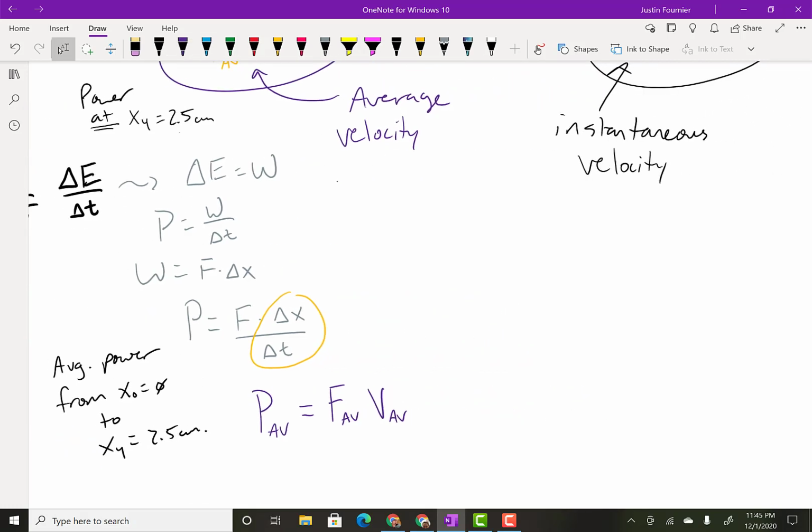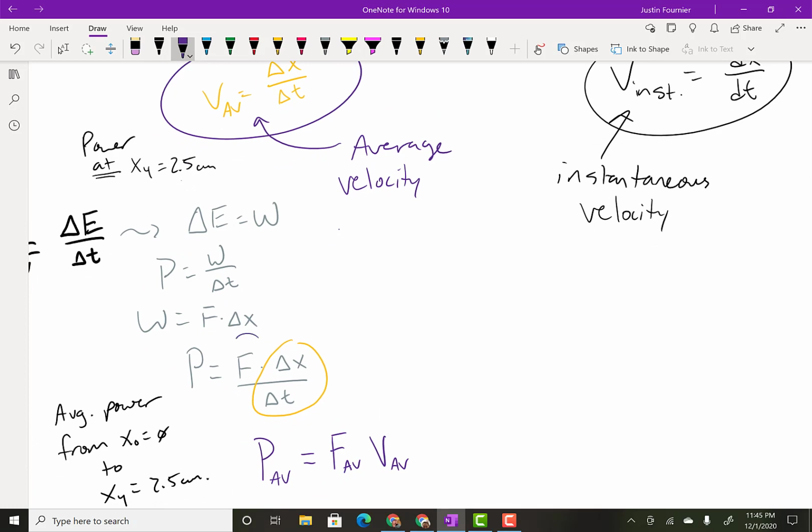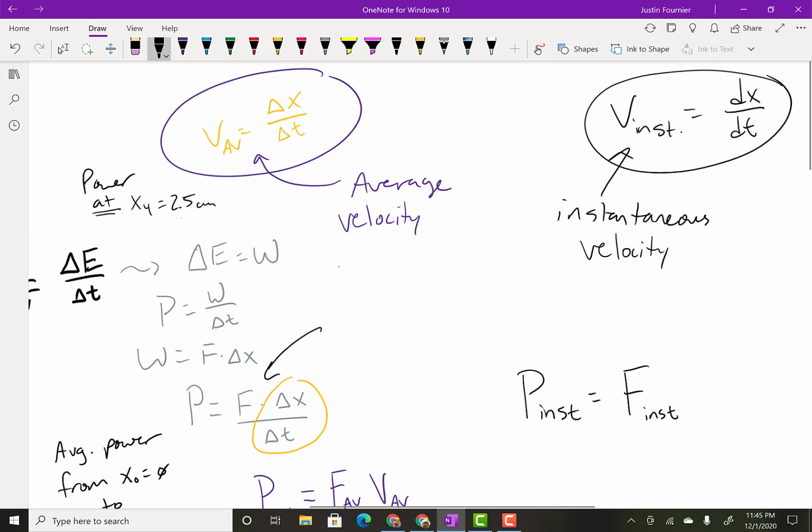The thing is that I could do this same thing with the instantaneous power as well. So the instantaneous power would be the instantaneous force, the force at any particular moment, and instead of delta x over delta t, I could get really specific and say dx over dt.